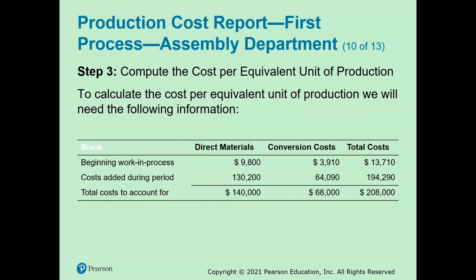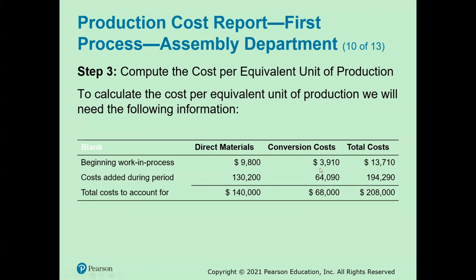The next step is to calculate the cost per equivalent unit of production. Computations are required for both direct materials and conversion costs. Here you see the direct materials, the conversion costs, and the total.